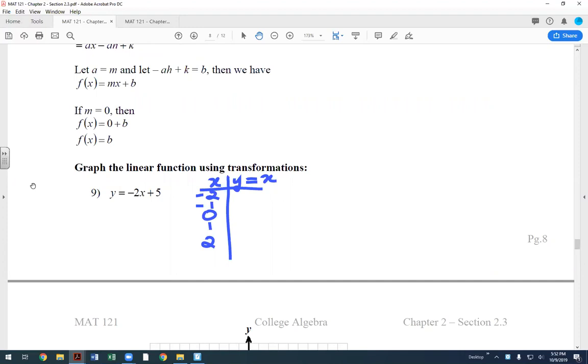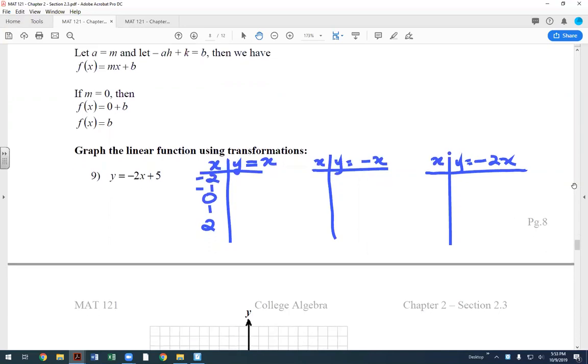So that's going to be our transformation. We start with the base function, then we can do the reflection next, okay? Then we can do the stretching, and then the very last thing we'll do is the vertical movement.